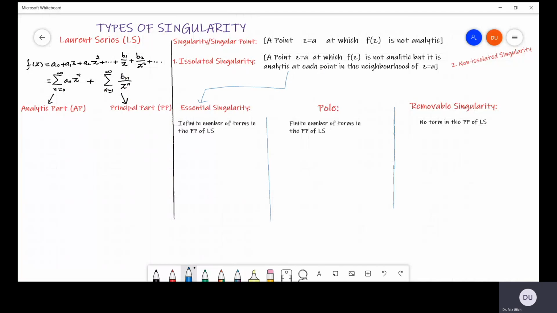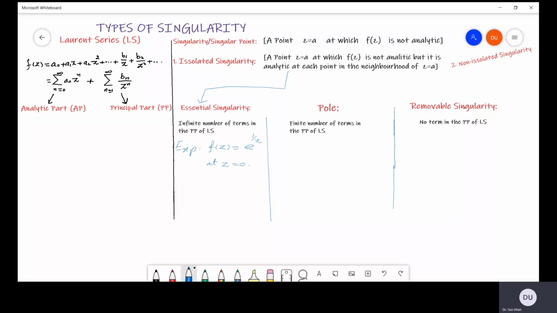For example, let us take a function f of z equal to e^(1/z). Now you can see that at z equal to 0, this function is not differentiable, or it is not analytic at z equal to 0.